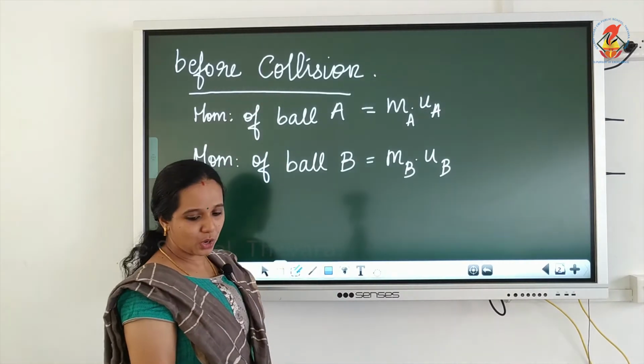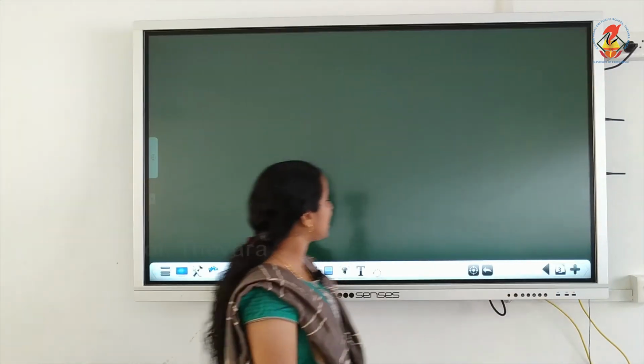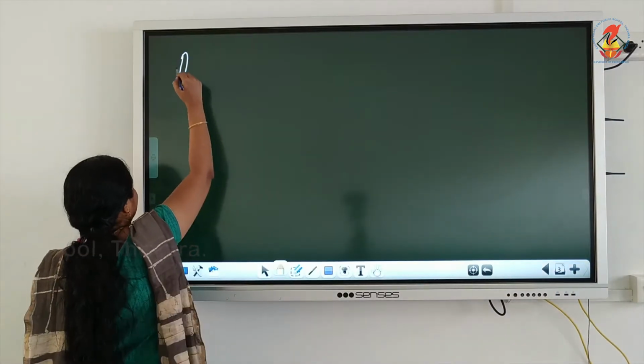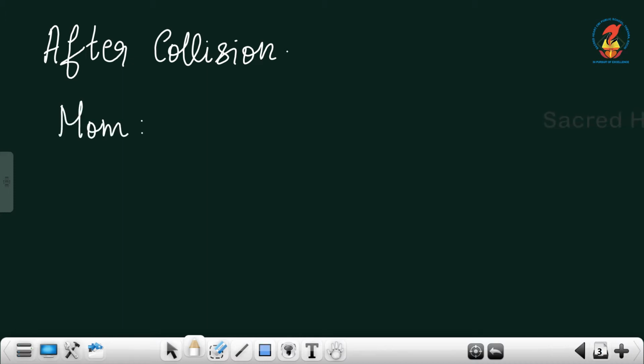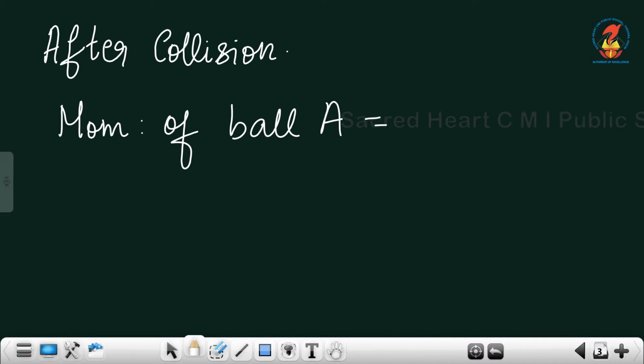Now, similarly, let us see the case after collision. We know that during collision, both the objects experienced a force. As a result, their velocity changed. So, definitely their momentum also will change.